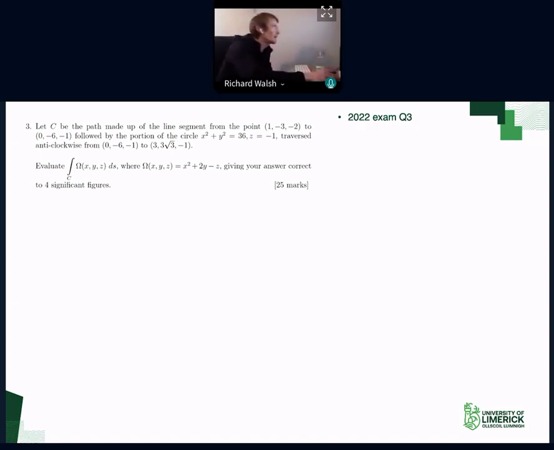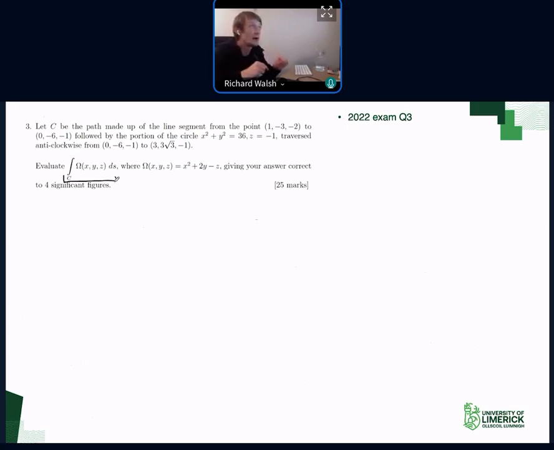So it's the same starting idea anyway as what we did in the 2021 paper. Okay, so C is the curve we're following. Actually, let C be the path. But here, unlike the 2021, in 2022, the path was made up of two different things.